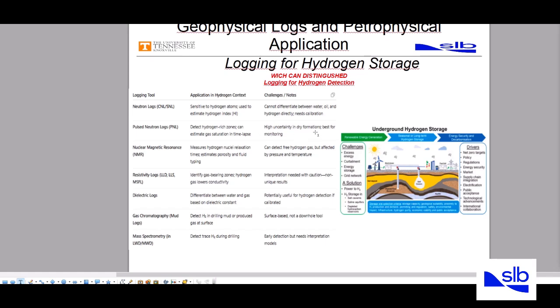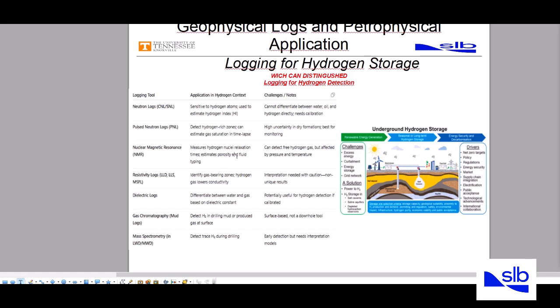Nuclear magnetic resonance measures hydrogen relaxation time. This is the best technique to reveal the presence of hydrogen because hydrogen is very sensitive to magnetic fields, and it can detect free hydrogen gas.